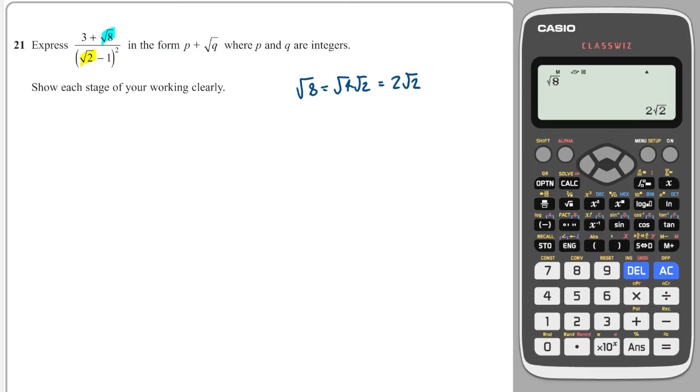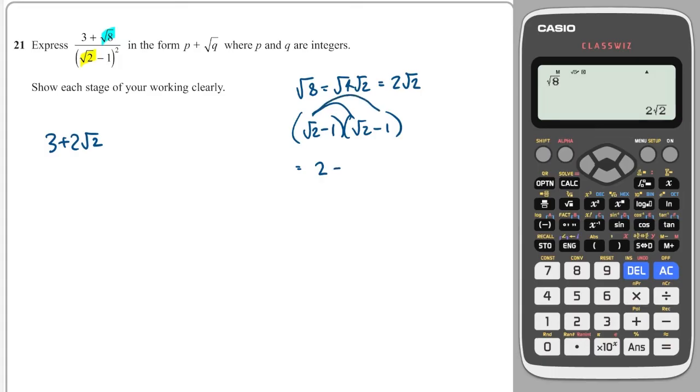4 is just 2. So I'm going to write it all in terms of root 2's, and I'm also going to expand that bracket down the bottom, because it's a square bracket, which means I'm multiplying it by itself. So like this. So that's root 2 times root 2 is just 2.